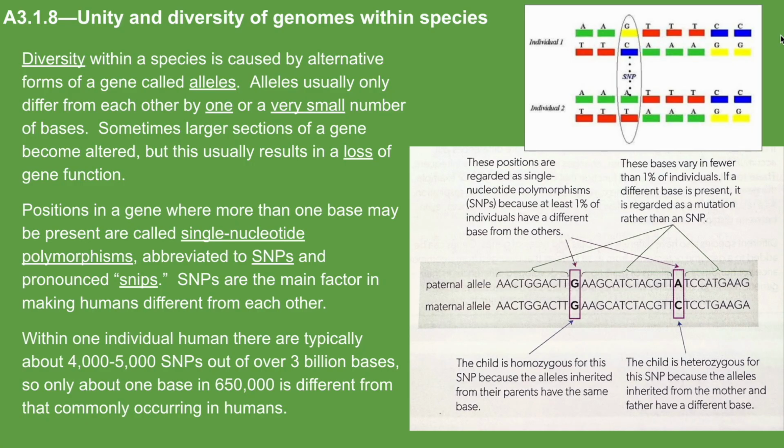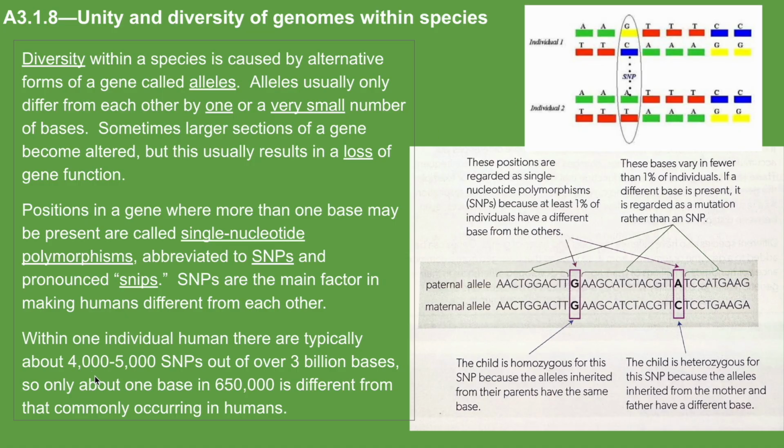So note, in individual 1 and 2, this DNA sequence is identical other than this one location, where there's a G in one individual and there's an A in another, and so the base pair then, A of course goes with T and G goes with C. This particular location is a location that could form a different form of the protein that would be coded for by that gene, and we call it a SNP, single nucleotide polymorphism. It's just a location on a gene where we see variation within a species at that particular location.